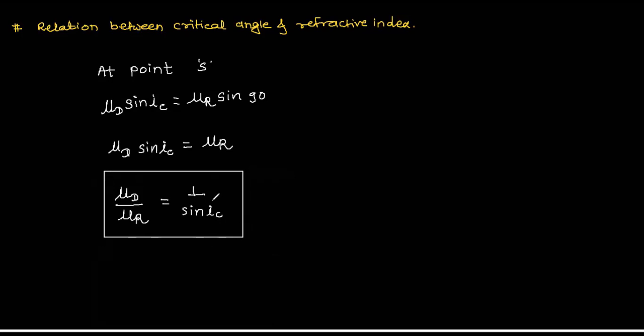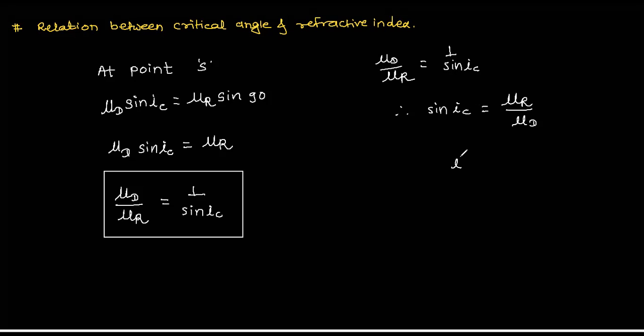So if I want just the critical angle, then from this I can do it like this: mu d by mu r is equal to 1 by sine IC, and therefore sine IC is equal to mu r by mu d, taking reciprocal.